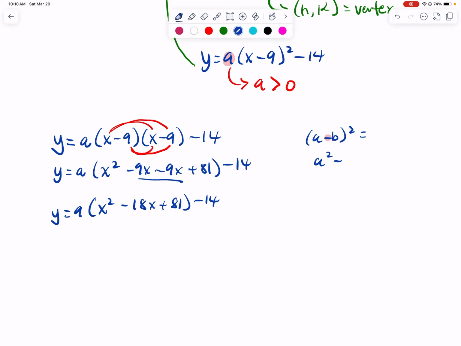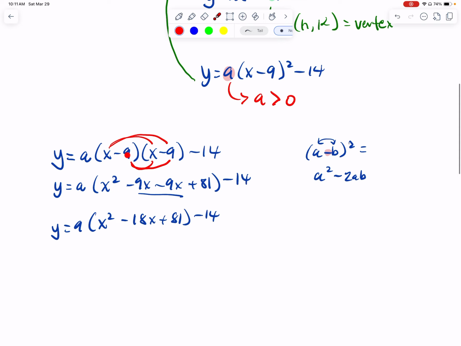You multiply the two terms together and you double it, so it's 2 times a times b. And you can see that happened here, is that this is negative 9 times this x, and then you double it, you get this negative 18. And then the last one is just plus the last term squared, which is our 81 that we got from the 9 squared.